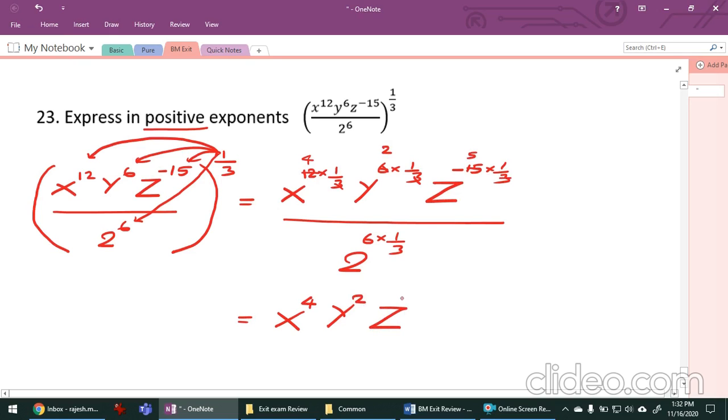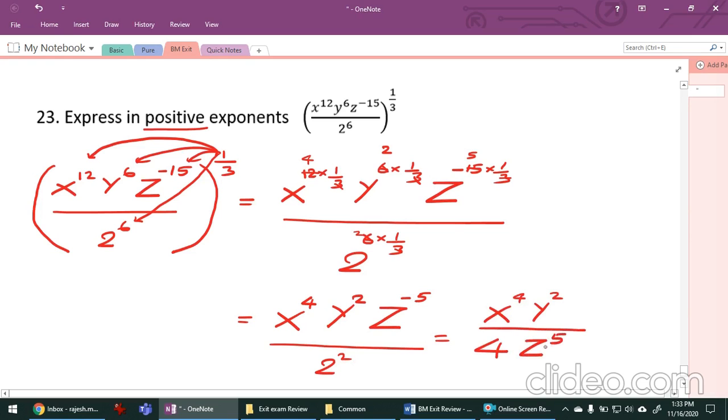So answer is minus 5, divided by down, 3 and 6 cancel, answer is 2, so 2 power 2. Now x power 4 is there, y power 2 is there, divided by 2 power 2 is 4, and then z power minus 5 will come down and you will write z power 5. When this comes down, power is positive. So this is the answer.